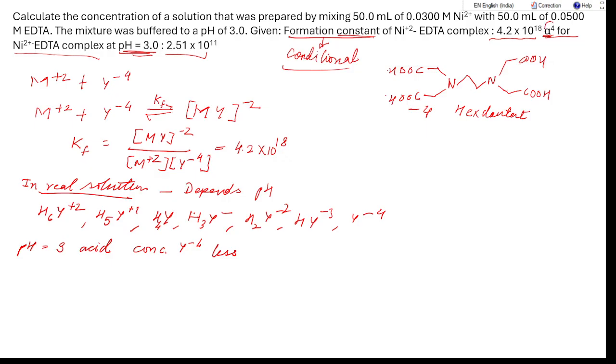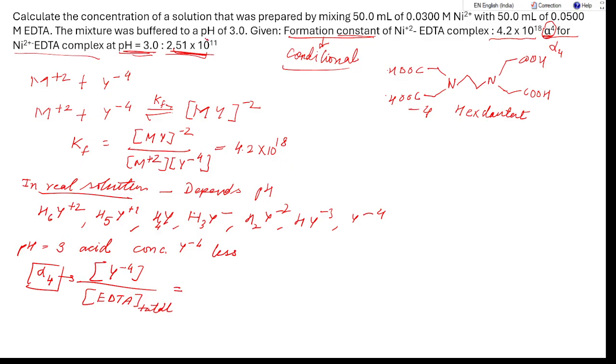Here it is written as a subscript. Alpha 4 is nothing but the fraction of the concentration of Y^-4 to the total EDTA concentration, and it is also given to us in the question.